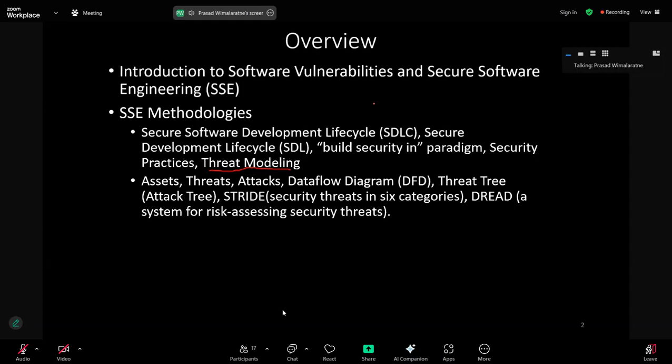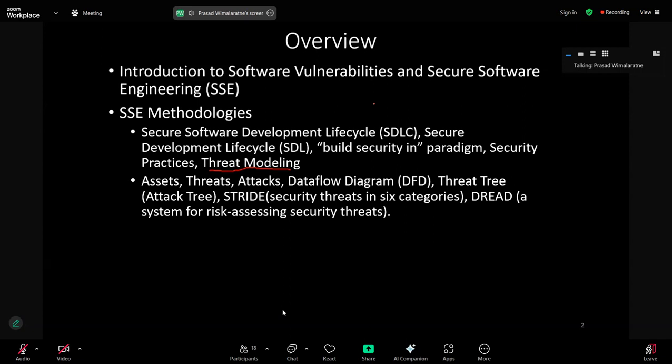We also look into a pair of acronyms called STRIDE and DREAD, which were originally developed by Microsoft and have been adapted by various other approaches. STRIDE is basically a taxonomy, a classification.